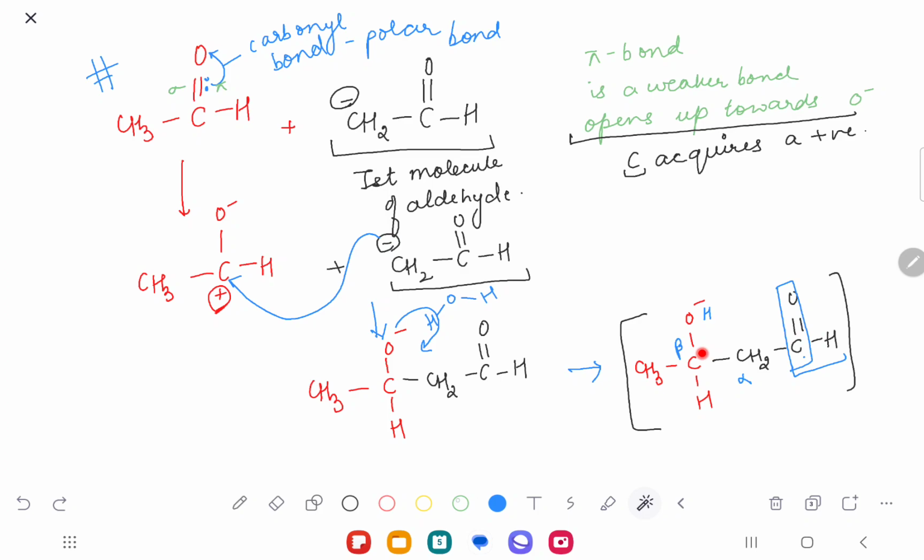So my final product shall be beta hydroxy aldehyde. Yes or no? I hope you're understanding. Why beta hydroxy? Because the alpha carbon is that carbon which is very next to the carbonyl group.